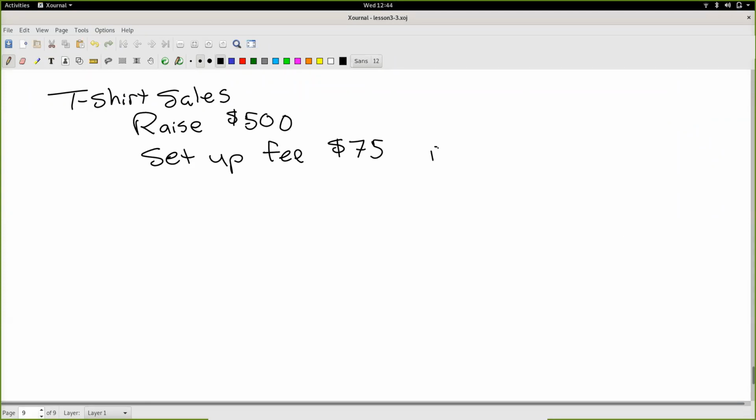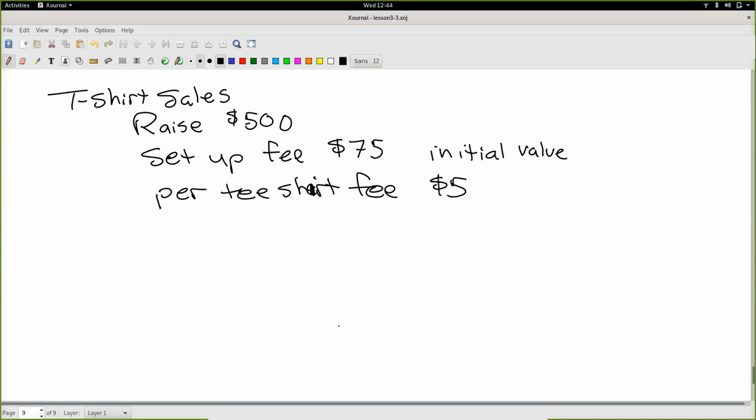So this is, again, I think that's an initial value. They got to pay that before the guy's going to start printing any T-shirts. And then there's a per T-shirt fee of $5. So these right here are their costs.